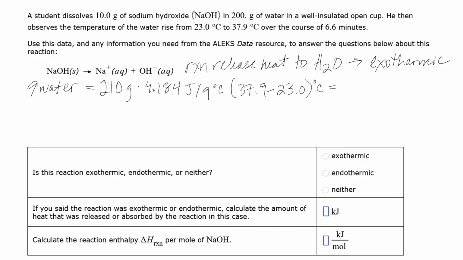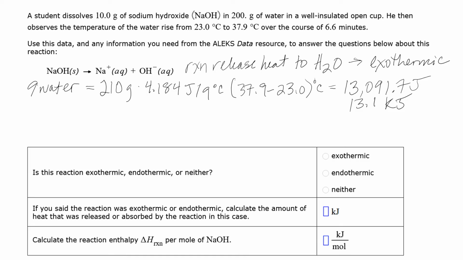We just said we can figure out the delta T. So we take 210 grams, our mass, times the specific heat, 4.184, times the delta change in temperature, and we get a number, 13,091.7 joules, which we convert with the appropriate number of significant figures to 13.1 kilojoules. This gives us our answer to part 2 here, the second question. Calculate the amount of heat that was released or absorbed by the reaction. In this case, that's going to be 13.1 kilojoules.